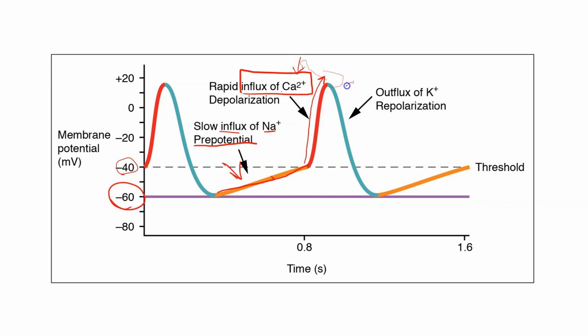And then similar to muscle and heart, the repolarization is the result of potassium leaving the cell, the outflux. Okay, the big idea though is to know this word, pre-potential. This is the ability for a conducting cell in the myocardium to bring itself to threshold and thereby send out a depolarization, an action potential like signal.